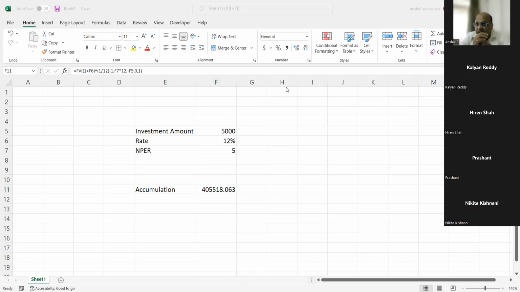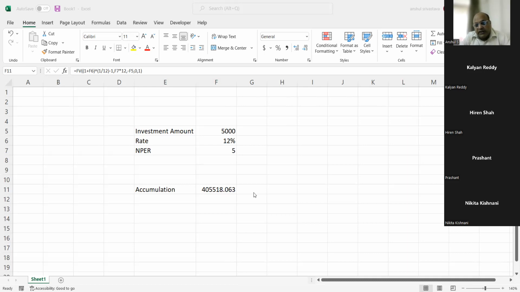4,05,518 rupees. Now, since we want to do a what if analysis, there are two factors that determine this amount. The first is the rate of return that we are expecting, and the second factor is the time period. If either of these factors changes, the value will change.